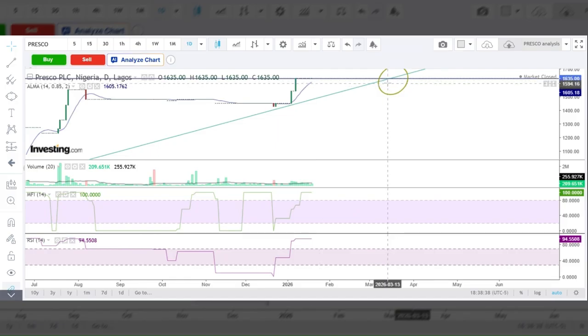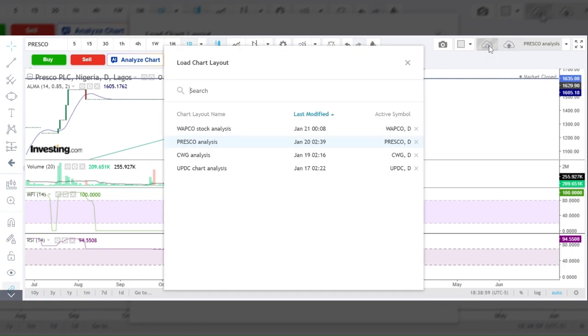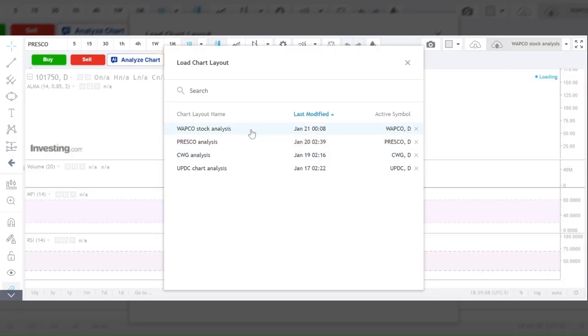Let's see whether it goes there, as this line is following our trend line, our moving average. If it crosses under, then we should start expecting to enter very soon, because the Presco chart is not that complicated to understand. Okay, all right. That is it for today.